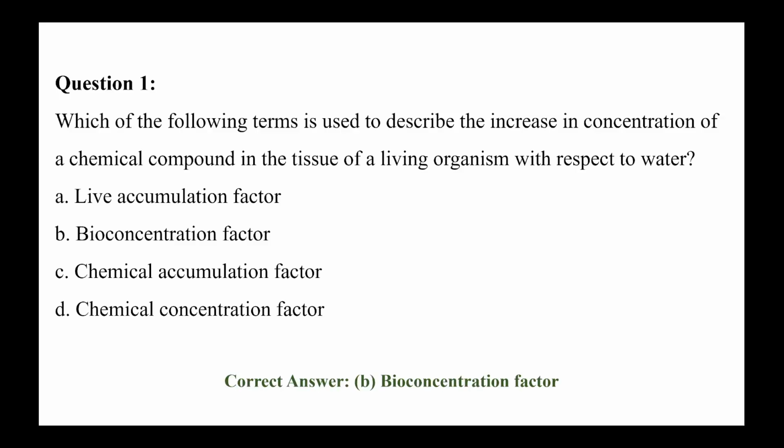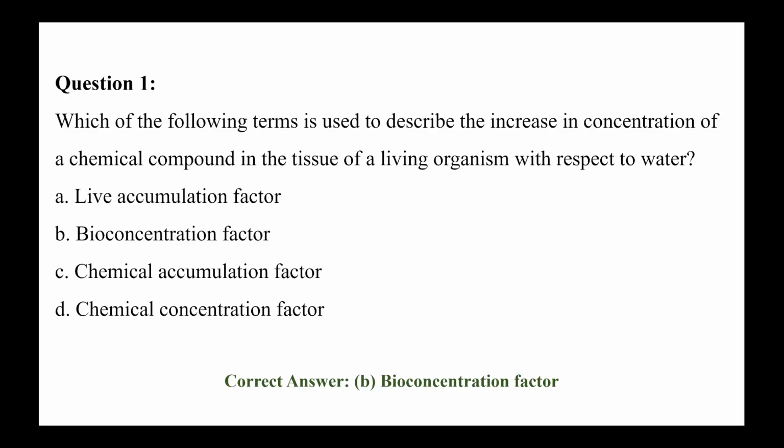Option B, bioconcentration factor. So basically, as the name suggests, it is the concentration of any compound in the biological tissue with respect to the concentration of that compound in water.